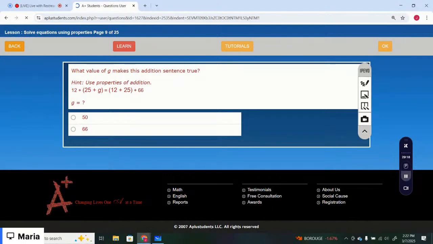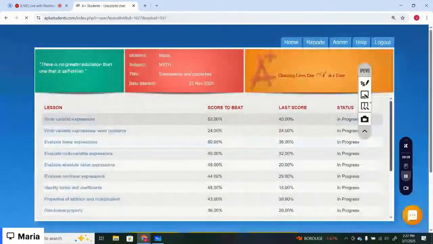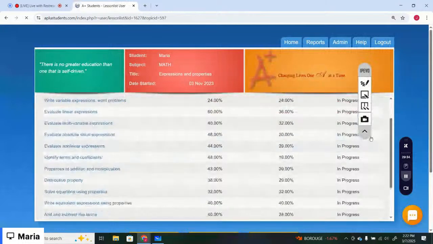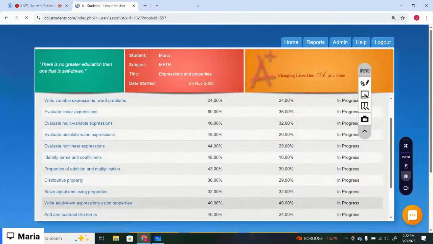The next lesson is write equivalent expressions using properties.